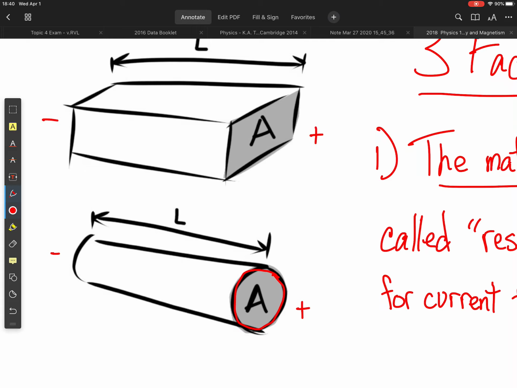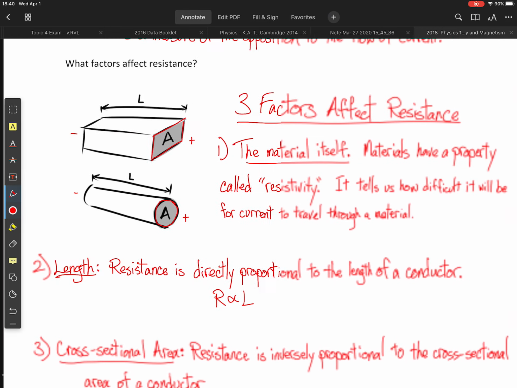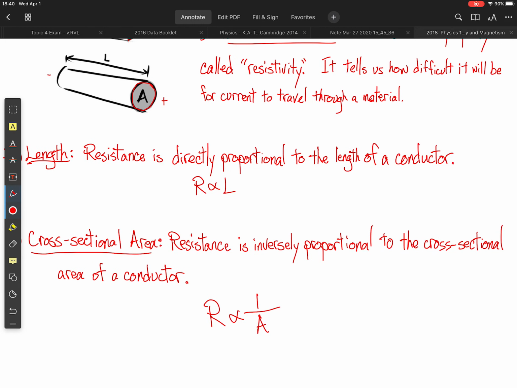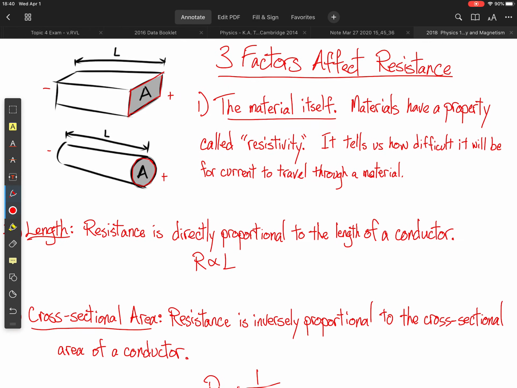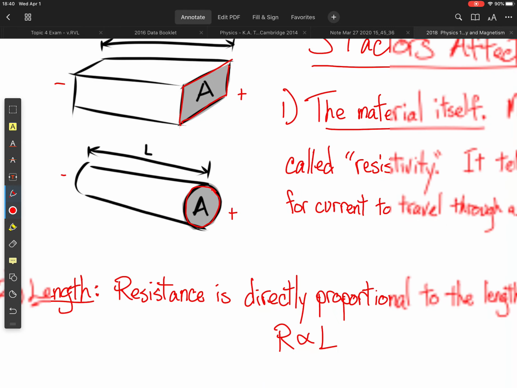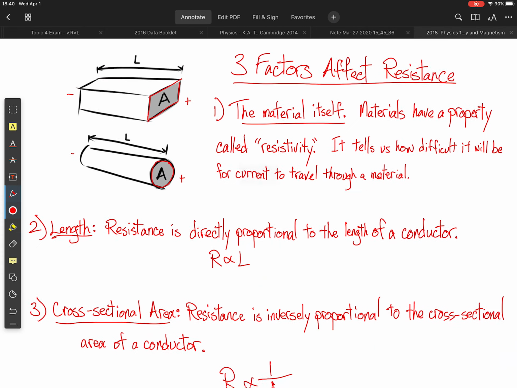And the same thing up here. Okay, so the effect here is pretty straightforward. Resistance will be inversely proportional to the cross-sectional area of a conductor. In other words, the larger this cross-sectional area is, the easier it is for current to flow through the conductor.